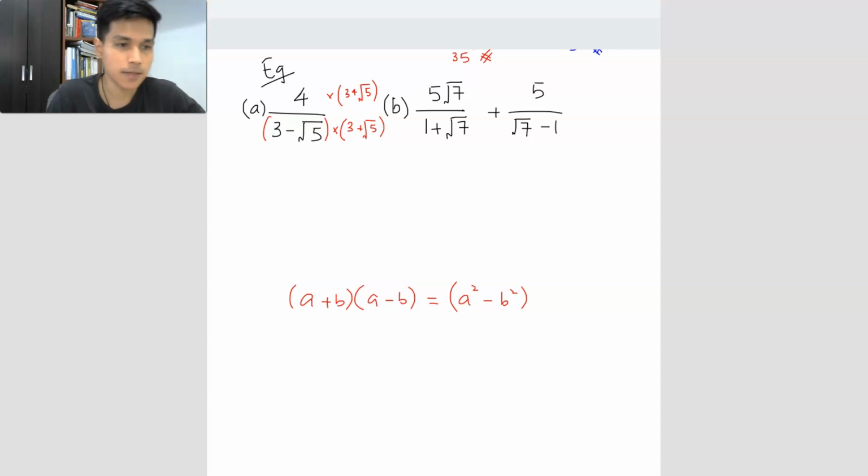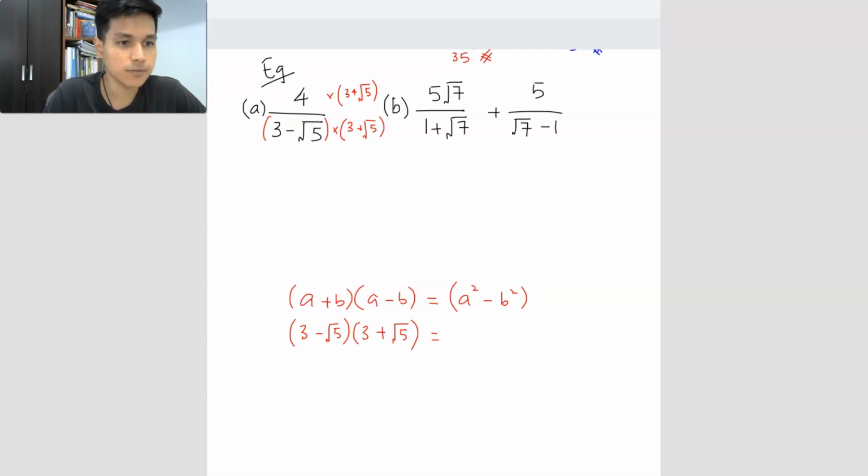Now, how does this apply here? So for example, let's say this question: 3 minus surd 5 and 3 plus surd 5. Since one is minus, one is plus, you just have to square these numbers.